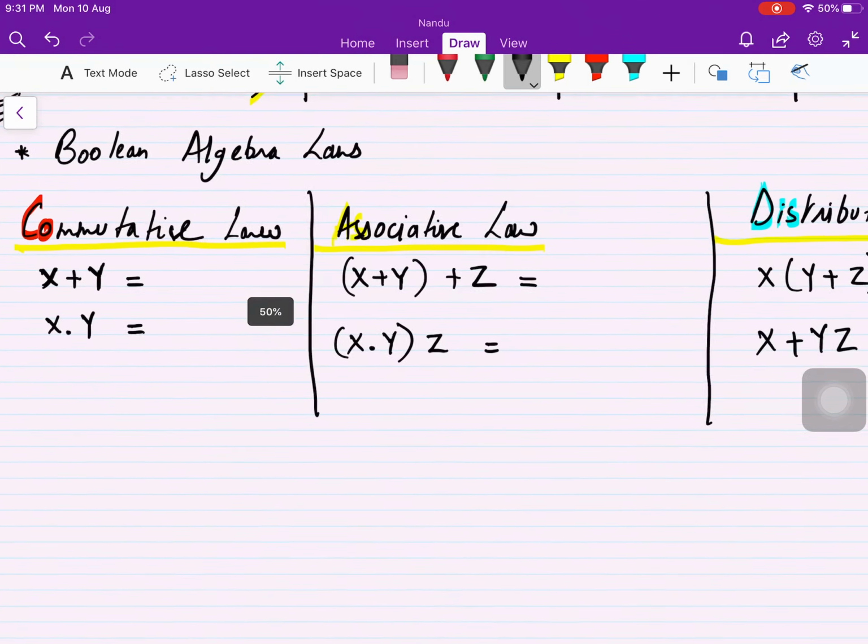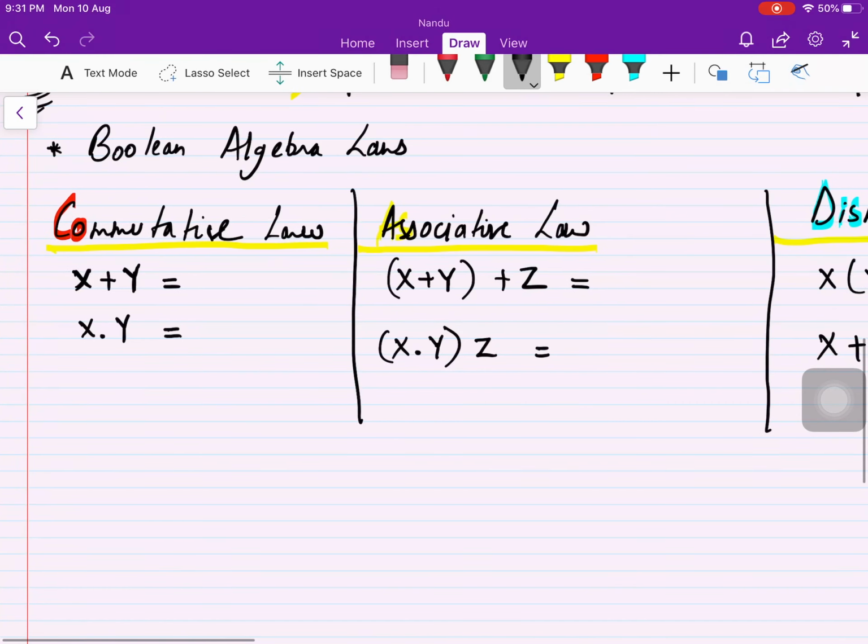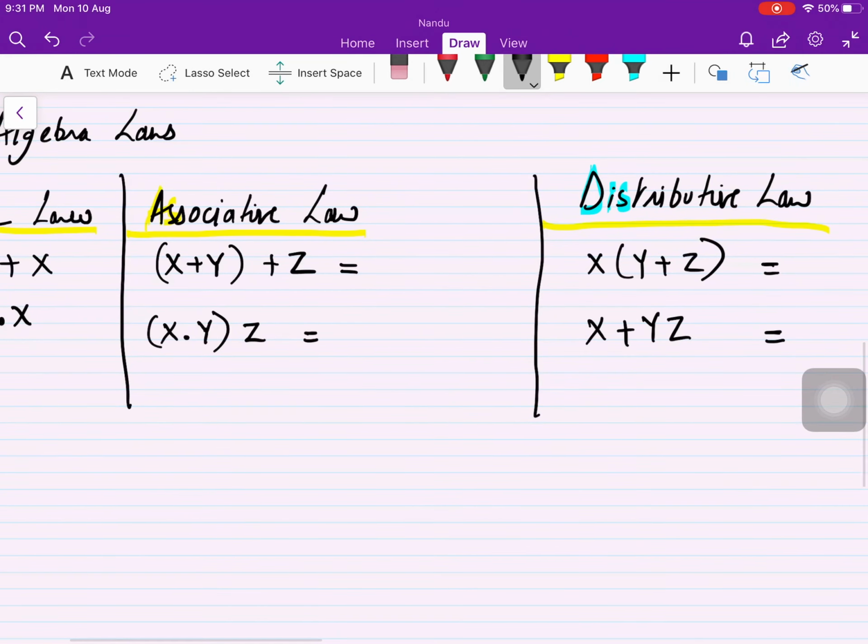In commutative law, x plus y can also be written as y plus x. There is no difference. And x multiplied by y can also be written as y into x. That is commutative law. Then there is associative law.